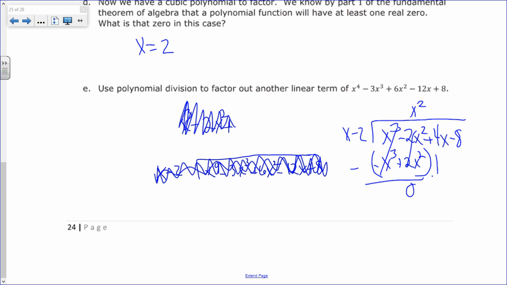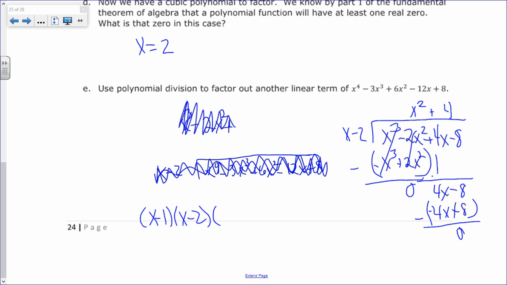Then I bring down my 4x minus 8, and I have no x term to do, so plus 4, because x times what gives me 4x? 4, so 4 times x is 4x. 4 times negative 2 is negative 8. So subtract, change everything to the opposite, and you get 0. So far we have x minus 1, x minus 2, and now x squared plus 4.